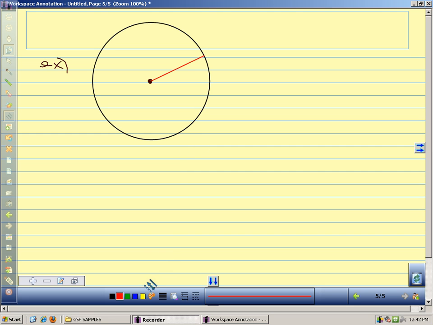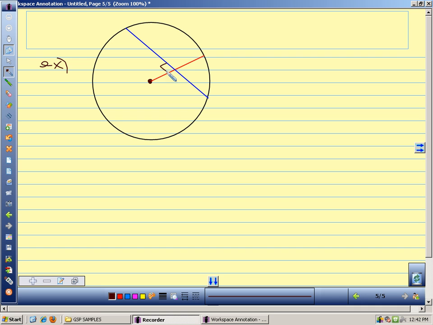And a chord. And this is a 90-degree angle. And we're going to call this point P, point R, point A, X, and B again.